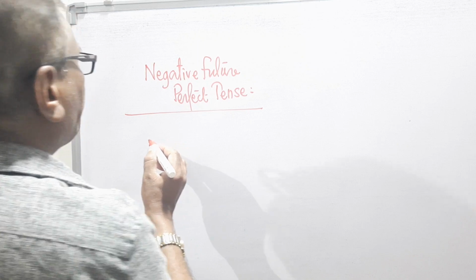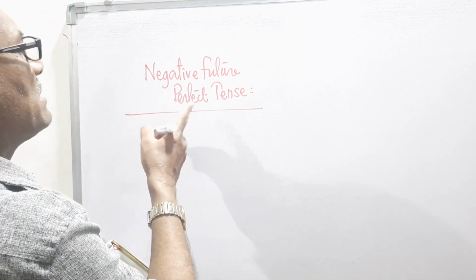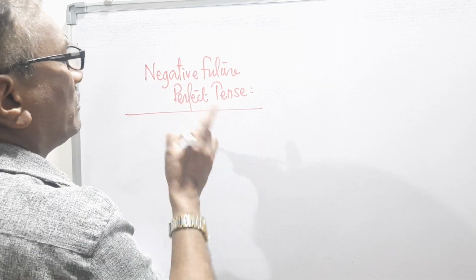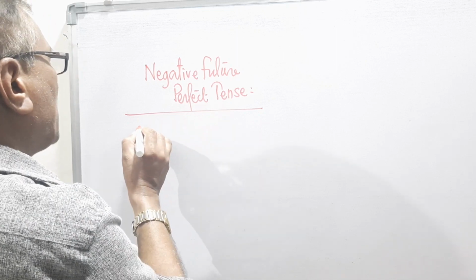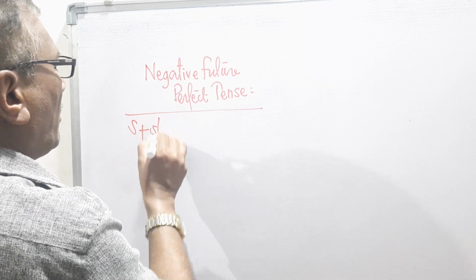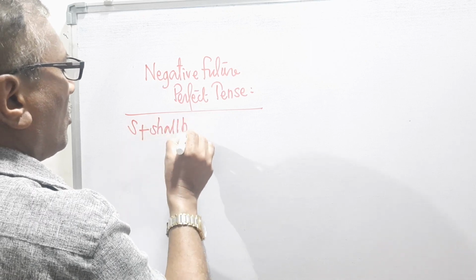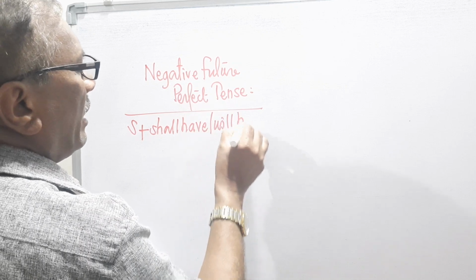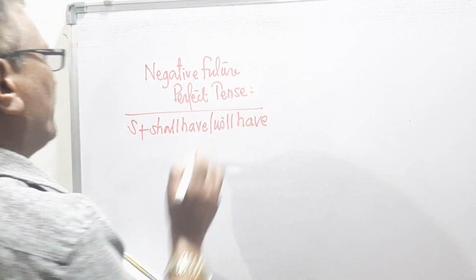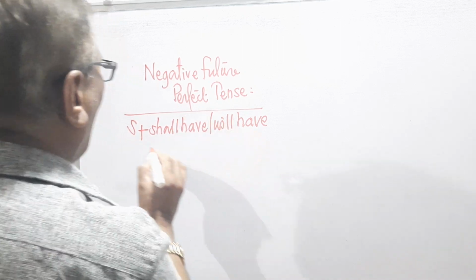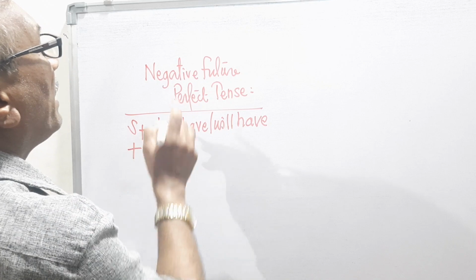So see, when we talk about this tense, we should write at first the subject plus shall have or will have, plus negative.